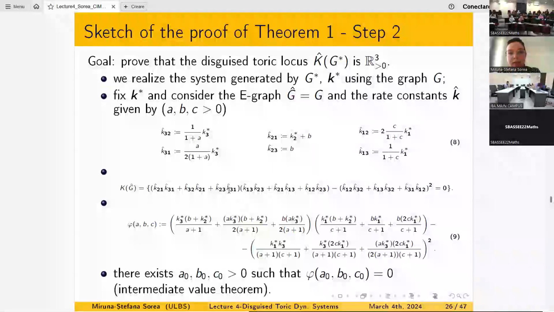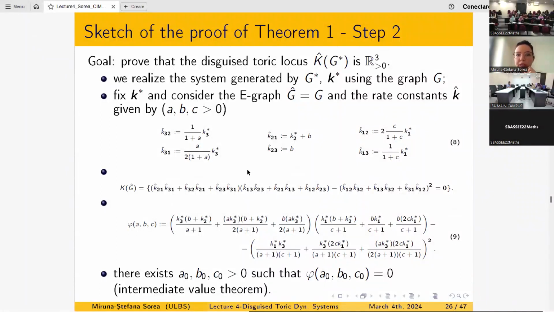If we pull back this relation in K hat using this parameterization in number 8, replacing the K hats with the new expressions from 8, we end up with this function phi of A, B, C. What we want is that our K hats verify this equation so that G hat is toric.